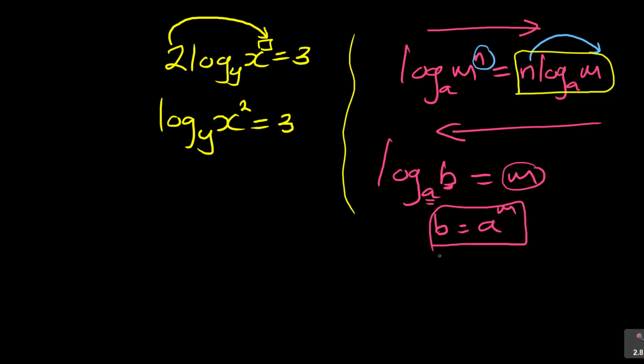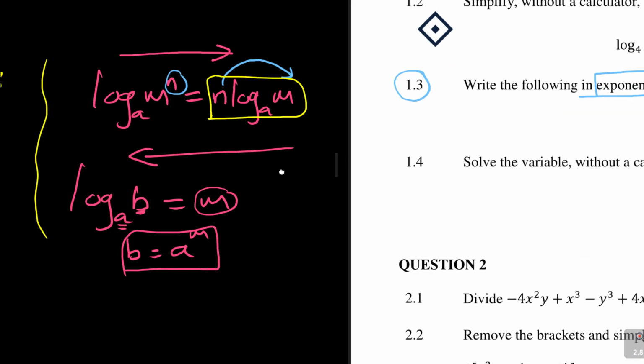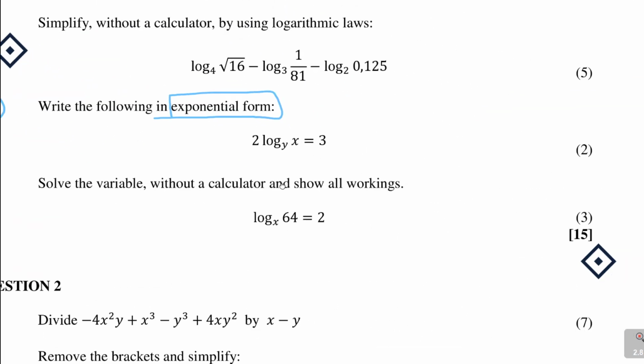So here take y to the power of 3. Then you start by writing this number x squared. So x squared is equal to y to the power of 3. Now you have expressed it in exponent form. Okay, that is that. 3 marks.